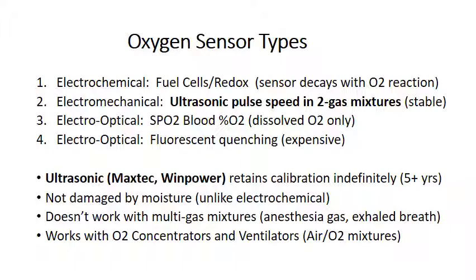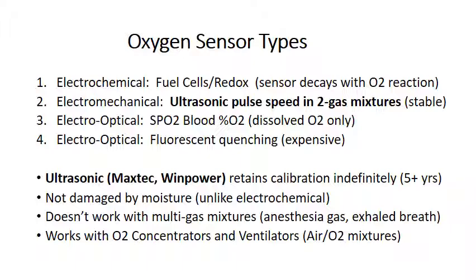electro-optical fluorescent, which is an expensive high-end product that can replace the electrochemical. It does have the advantage that, like electrochemical, it will measure oxygen in a multi-gas mixture, whereas the ultrasonic only measures in a two-gas mixture.